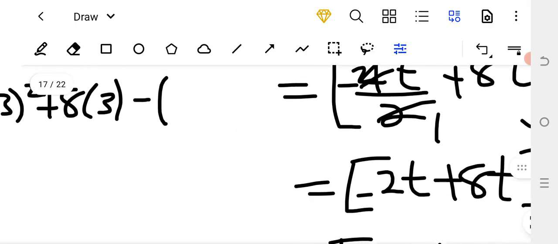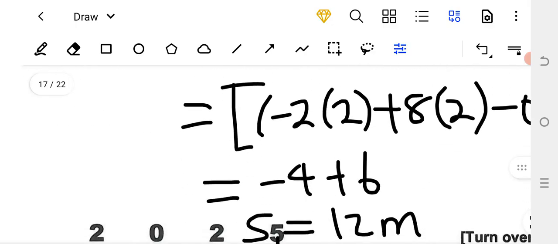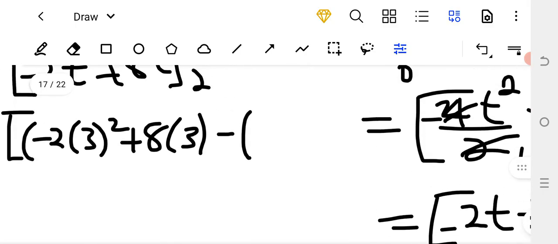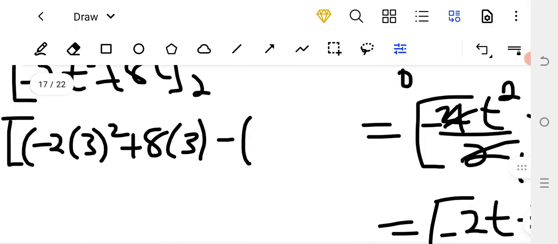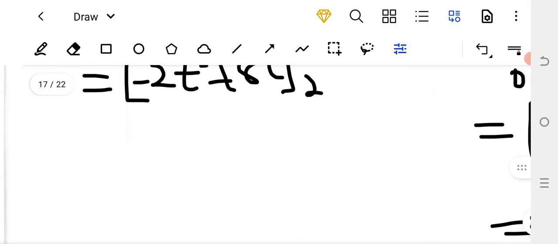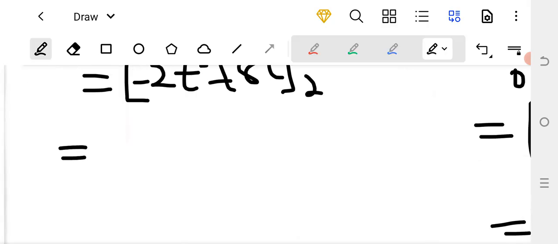If we substitute 2, we found 12, so minus 12. You don't need to put the brackets, oh my goodness. Okay, so it's equal to what?